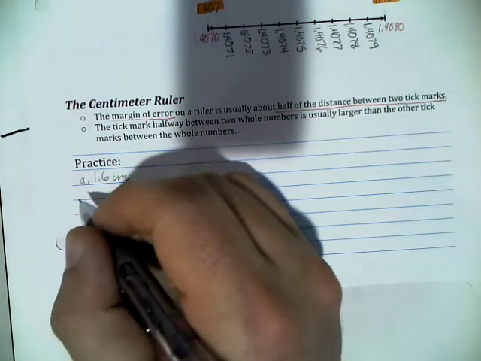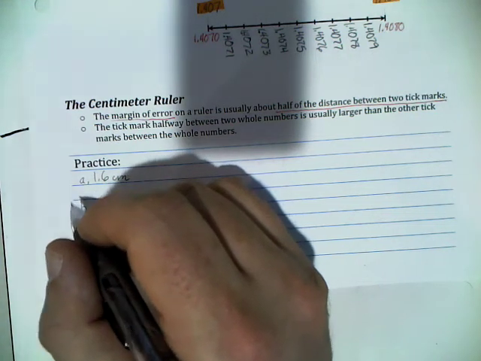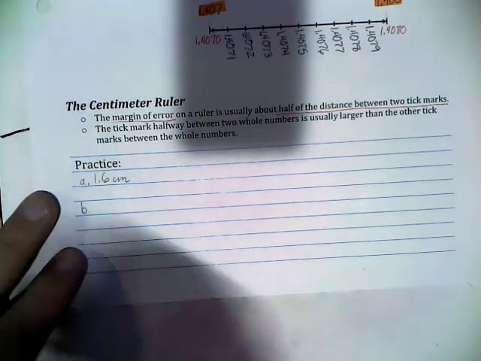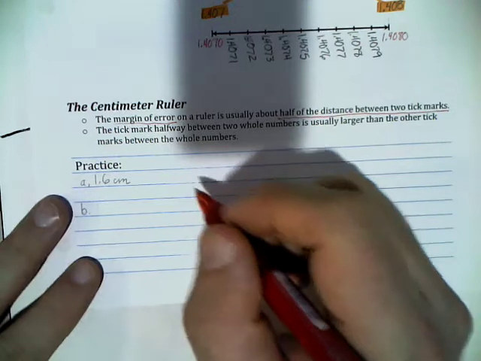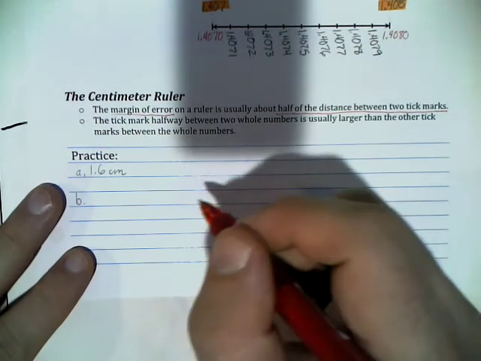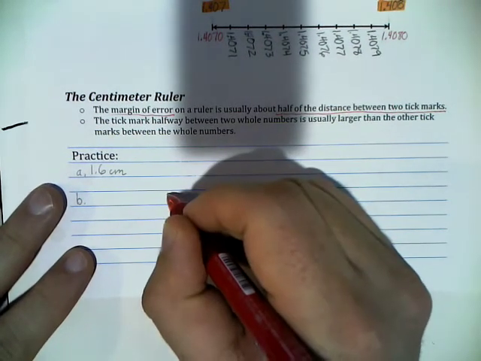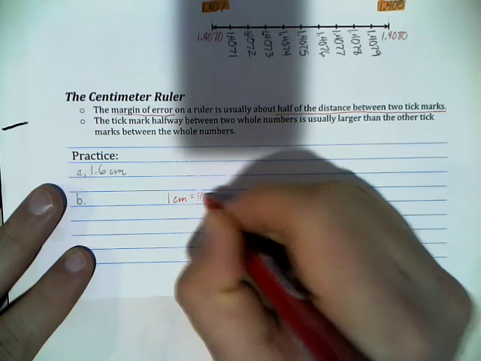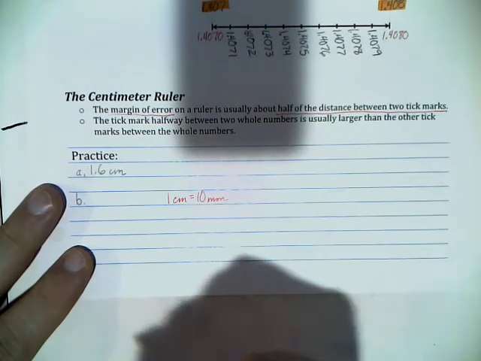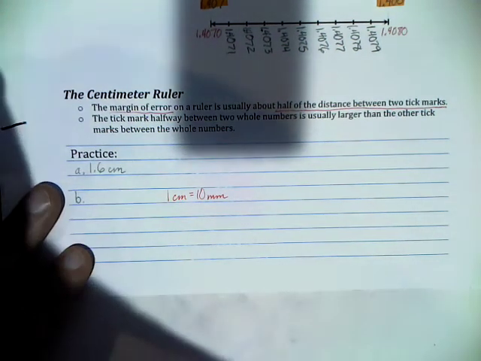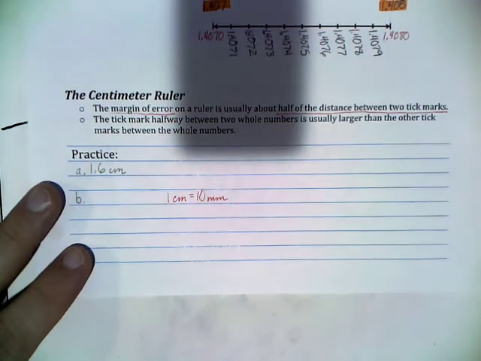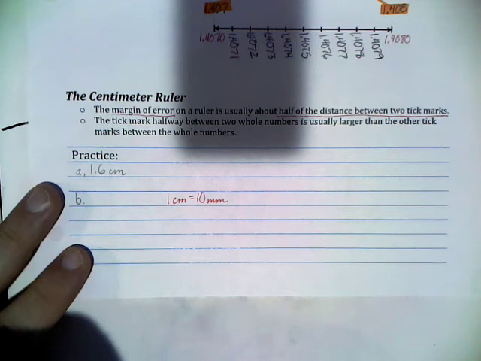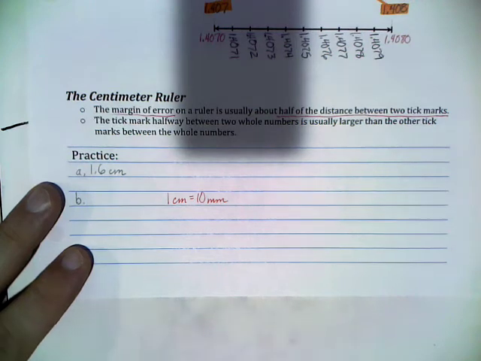Now B, this is where we're going to use some previous knowledge. We learned in the previous lesson about the metric system that 1 centimeter is 10 millimeters. That means that on a centimeter ruler, every tiny tick mark is actually a single millimeter.